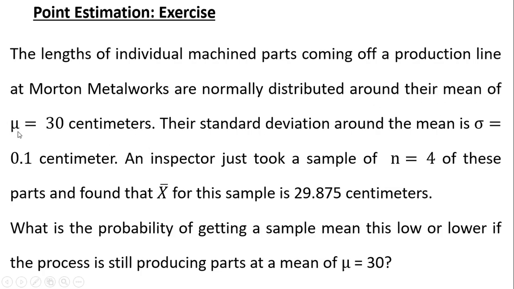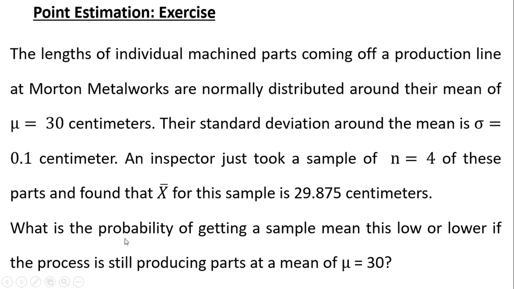The mean here represents the population mean, with a standard deviation of 0.1. The inspector took a sample of 4 out of the whole of this part and found that the mean of this sample is 29.87 centimeters.